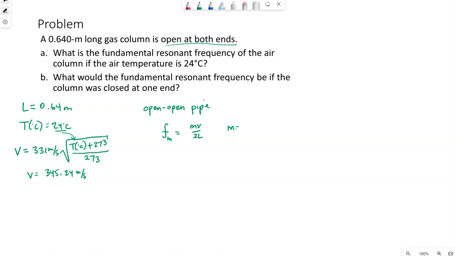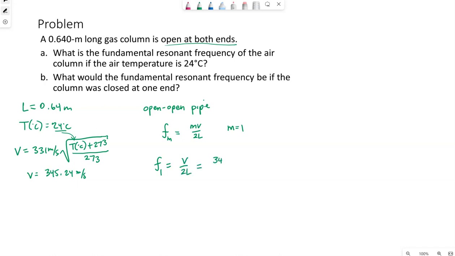Fundamental means m equals 1. The fundamental resonant frequency means our fundamental frequency. Standing waves are an example of resonance, and that's what the term resonant frequency means. So F1 will just be v over 2L.